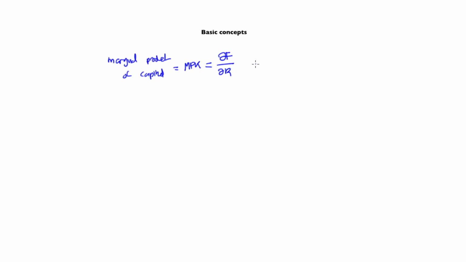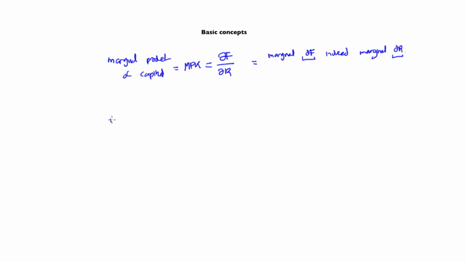If you think about what that means, it's just the marginal change in output, the F, induced by a marginal change in capital, the K. Think about it intuitively: what happens to output when we increase capital by a tiny bit while holding labor constant? What is the change in the F? Intuitively, it is a measure of the productivity of capital locally at the margin.